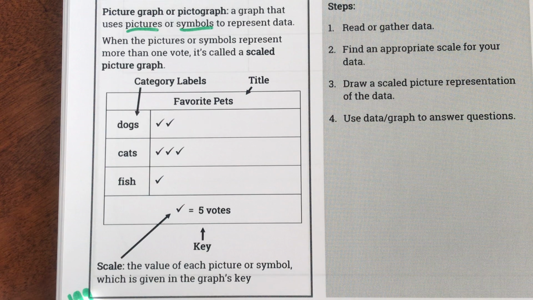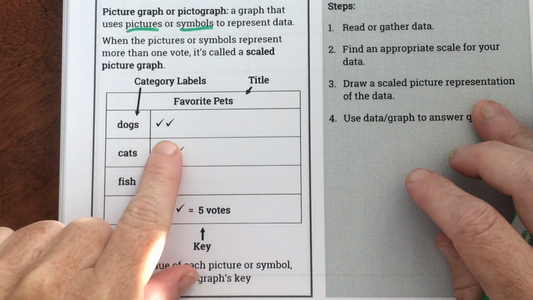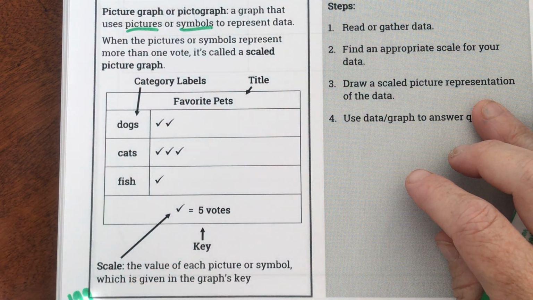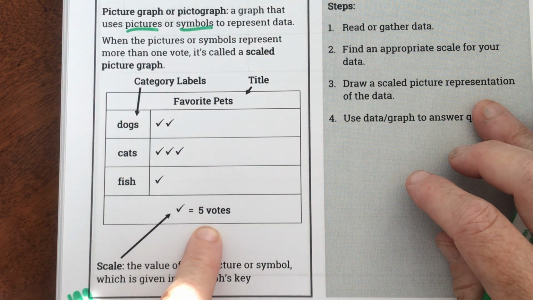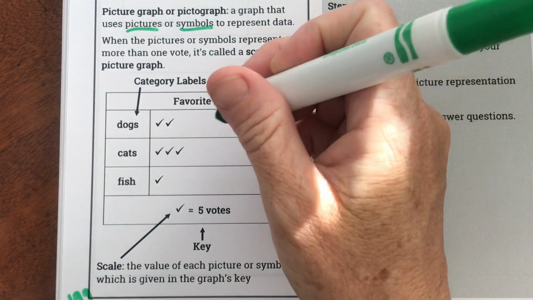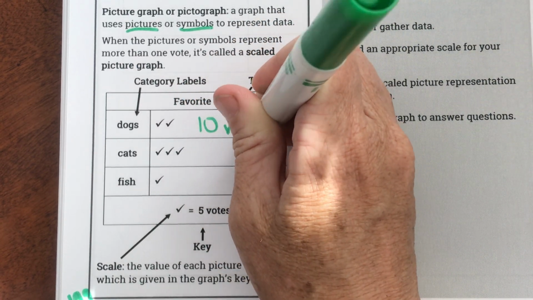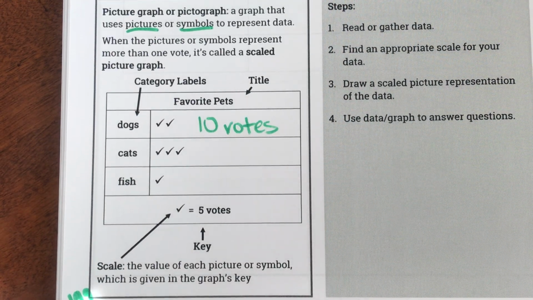Okay, so if I just look at this quickly, I think that only 2 people had dogs as their favorite pet. But that's not what this says. Each of these check marks means 5 votes. So actually, dogs had a total of 10 votes because 5 and another 5 would be 10.